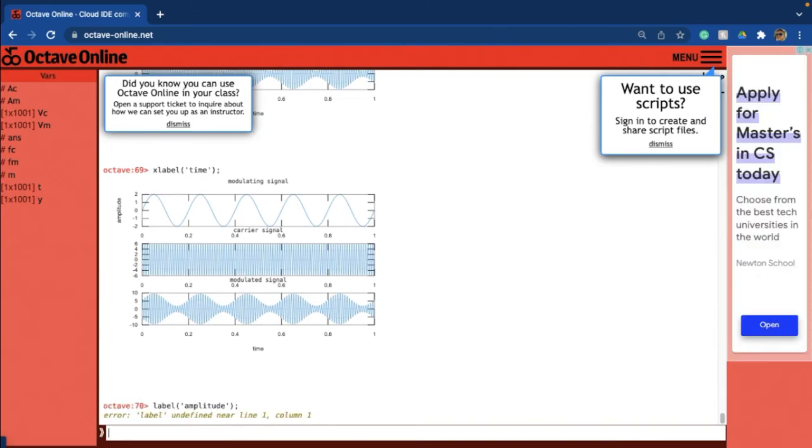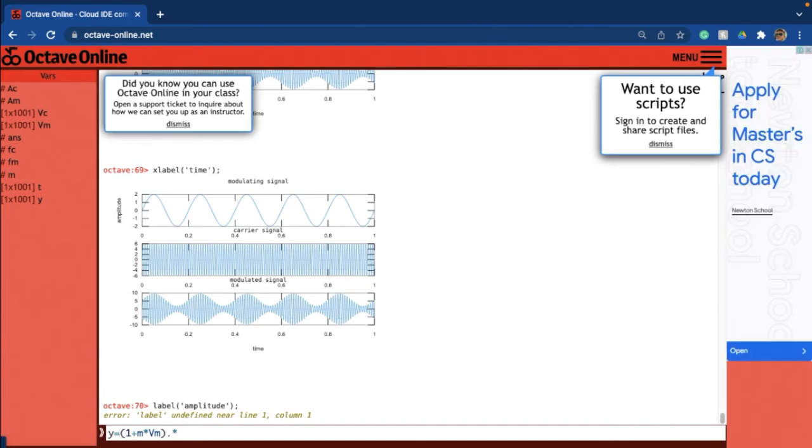And carrier wave is left now. No, carrier wave is done. Modulated is left. Y is equal to 1 plus M into VM into VC.